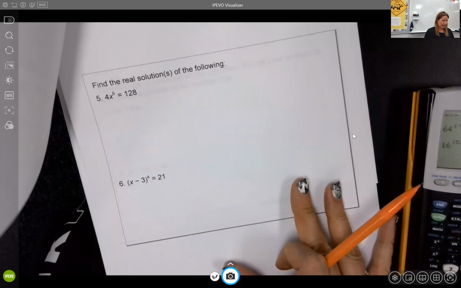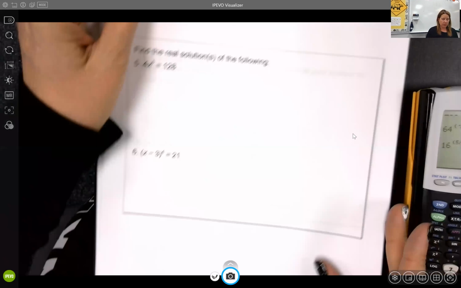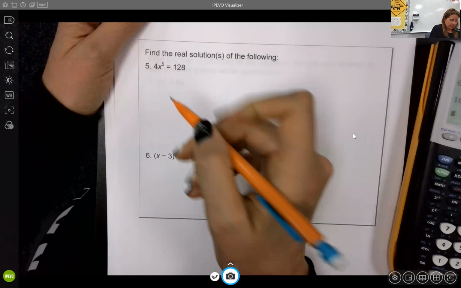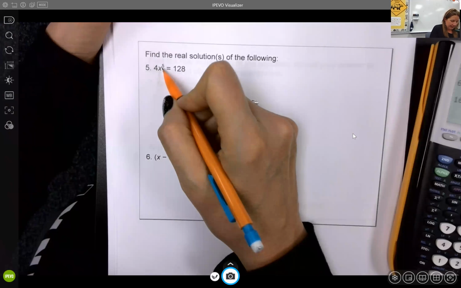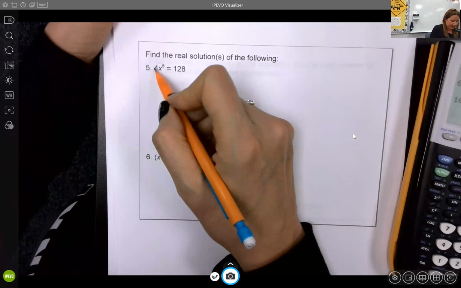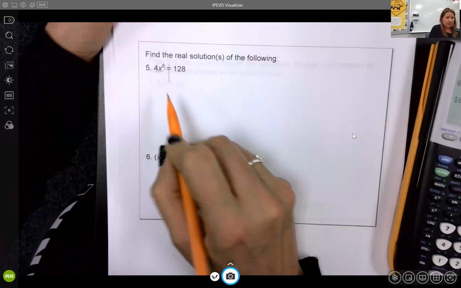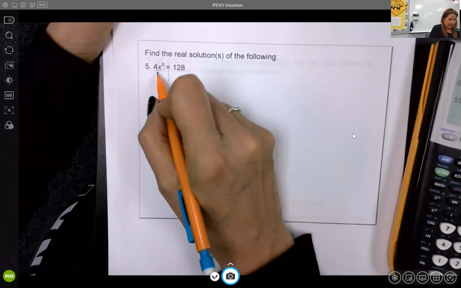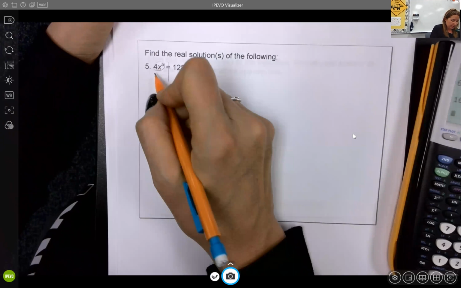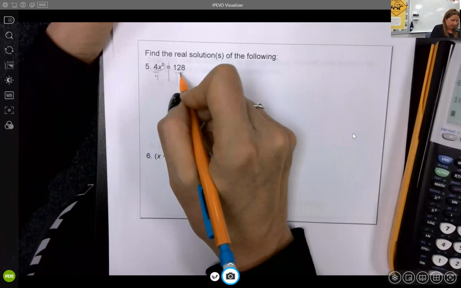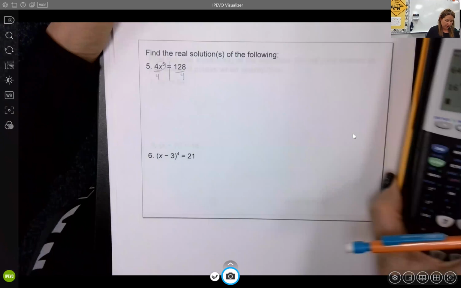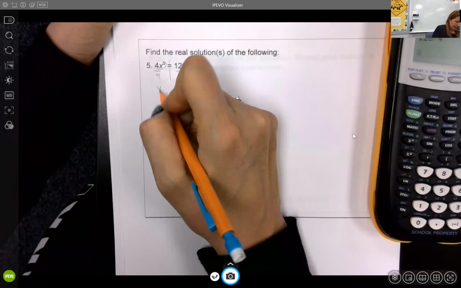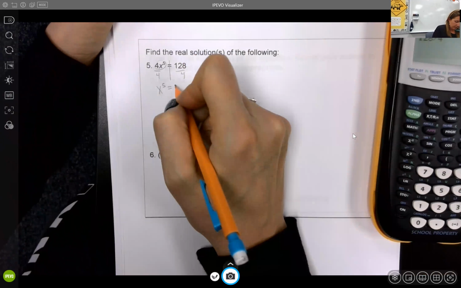So the last thing is going to be solving these equations, okay? So I want to isolate the term that has the x in it. So this is my term I want to isolate. On this one, the x is already, it doesn't have a plus or minus next to it. So the only thing I would do is divide by 4, okay? So then I do 128 divided by 4, and we get 32. So now we have x to the 5 equals 32.